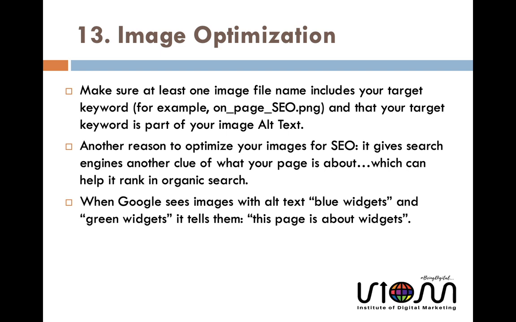So when Google comes to your blog to fetch the content, in the title it will find positive affirmation, in the first paragraph it will find positive affirmation, and even in the image it will find positive affirmation. You don't have to create an image with positive affirmation written on it. You just rename that image before uploading, and add the alternative text.